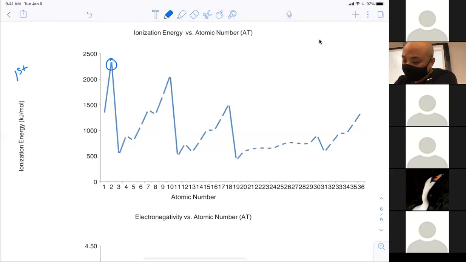So that's number 2, 10, and 18. The dots don't work really well here, but you'll notice that the highest values here are the noble gases, and that means that it must be ionization energy here because it goes down from there to the next energy level. It's really easy to lose, and then it kind of works its way back up. So it increases as you go across.